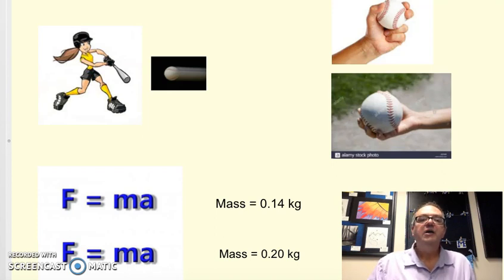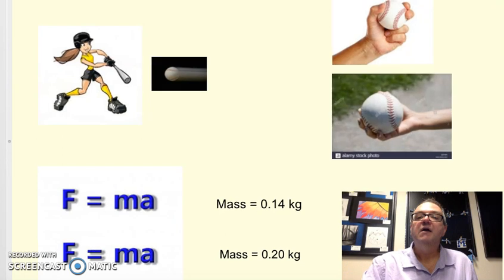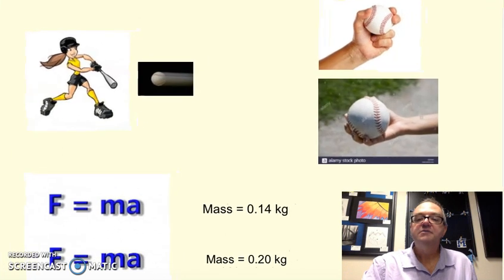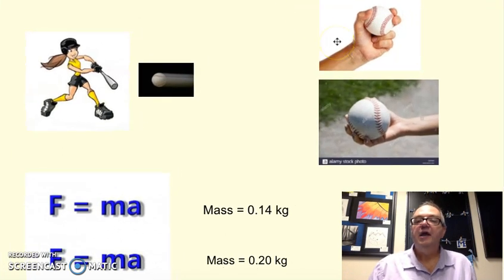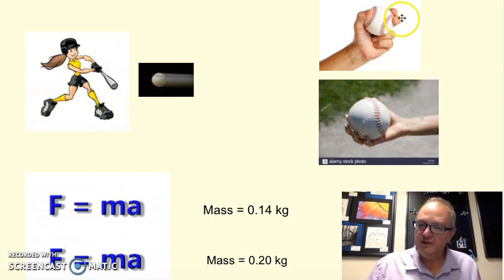Here at the top we have a baseball and a softball. And if you were to take the baseball and the softball and throw them with the exact same force, would they both go at the same rate of acceleration?